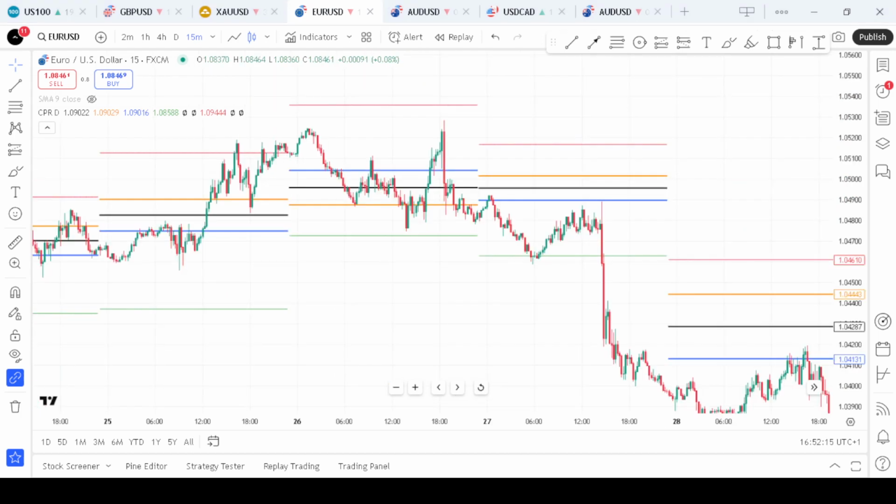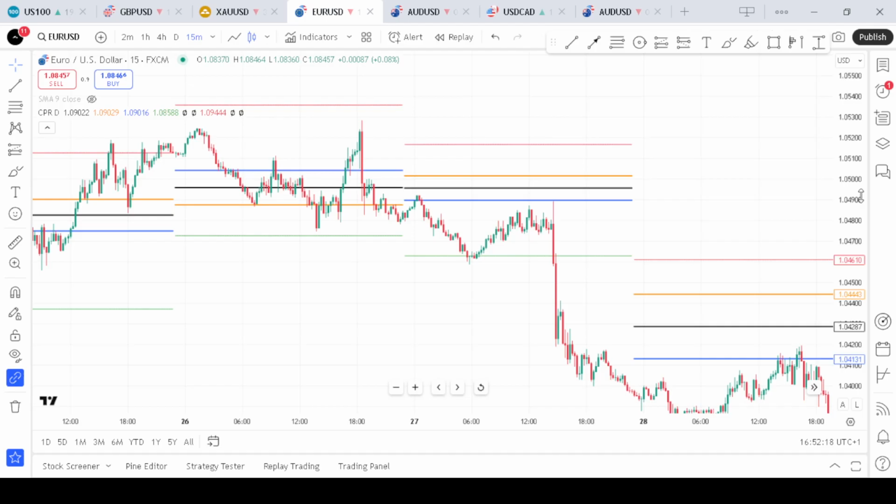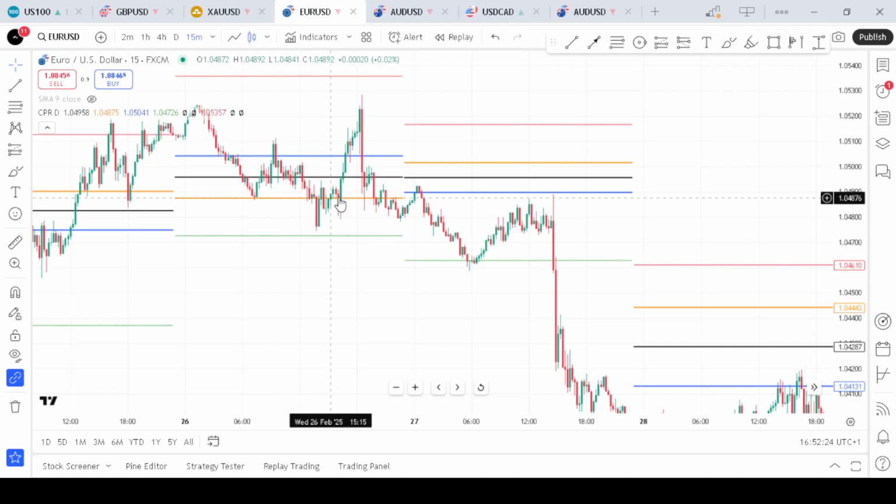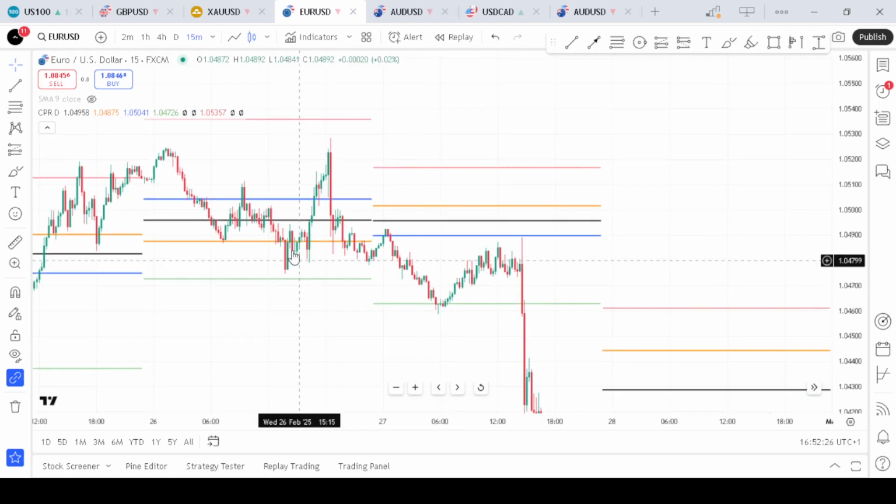So for a bearish setup, you observe price breaks below the bottom central pivot point, this yellow line over here. When price breaks below that region, we wait for a retracement back to that level.